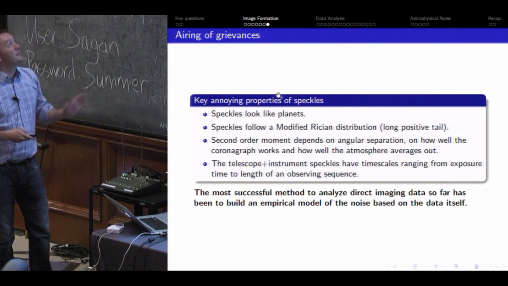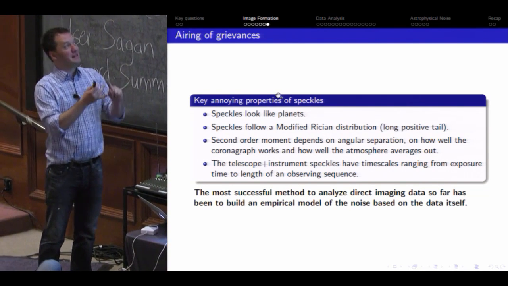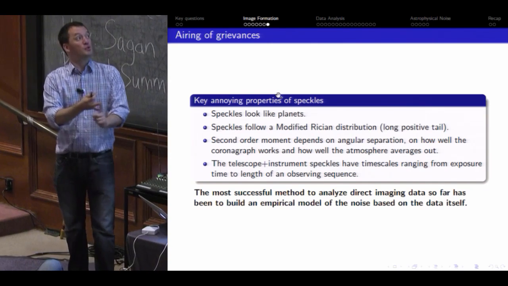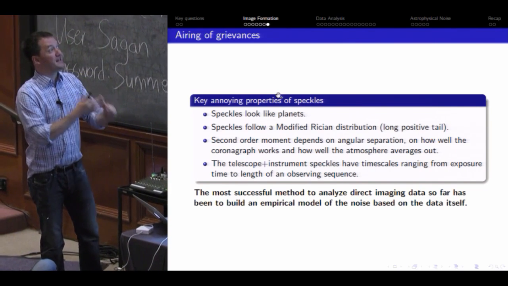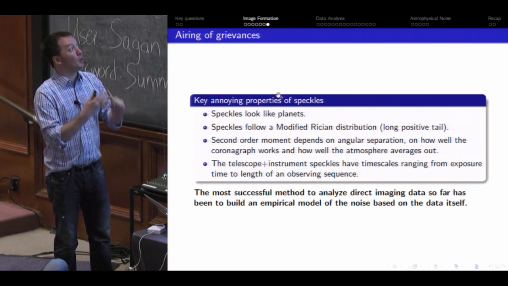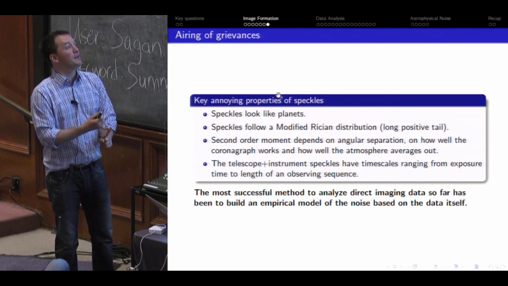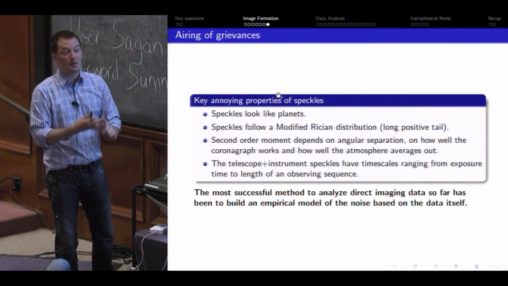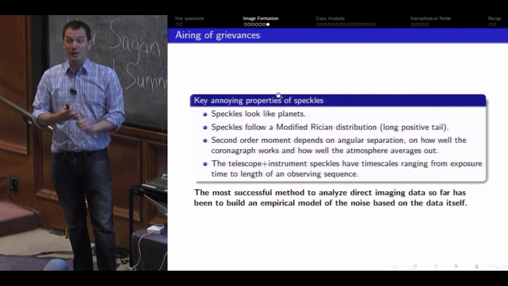So, my grievances: they look like planets, they follow a modified Rician distribution with a fat tail. Their second-order moments depend on angular separation, or the coronagraph, or the atmosphere averages out, and the timescales are really often ordered like that. That's really annoying.